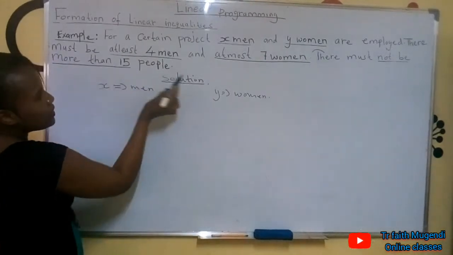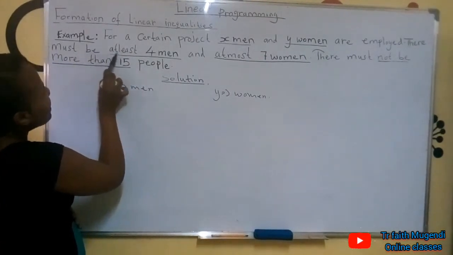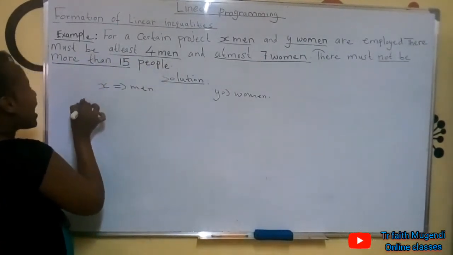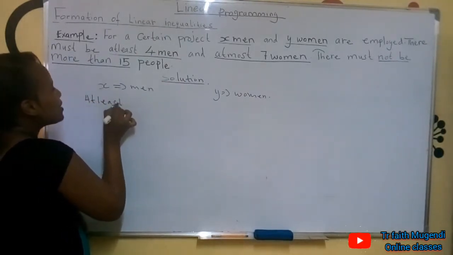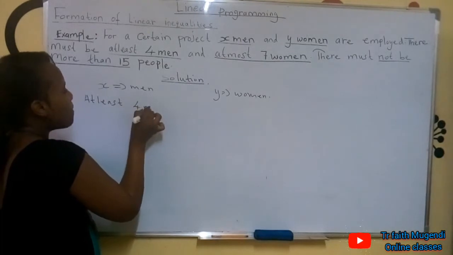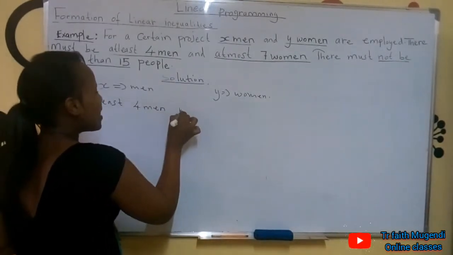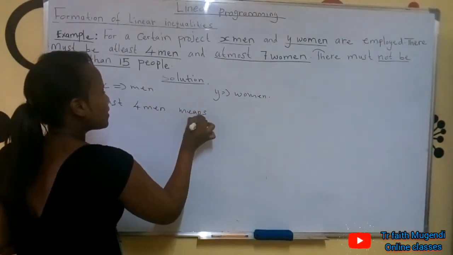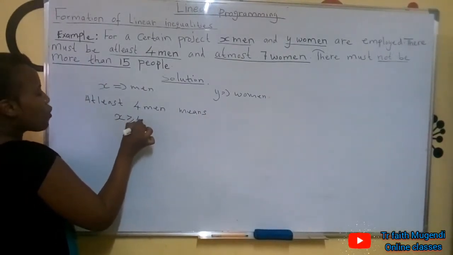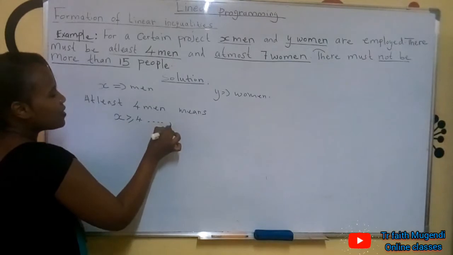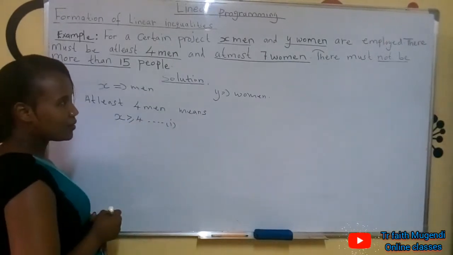It means that there must be at least 4 men. At least 4 men means X is greater than or equal to 4, and this is the first inequality.